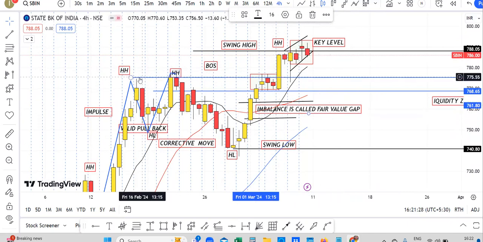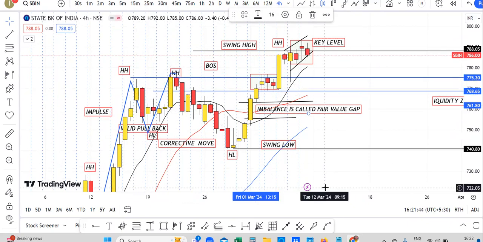Here the market makes equal highs. If I place the cursor on this, 774.6 and 777, almost equal highs. When the market creates equal highs, and here also you can see equal lows. I'm placing the cursor on this candle.